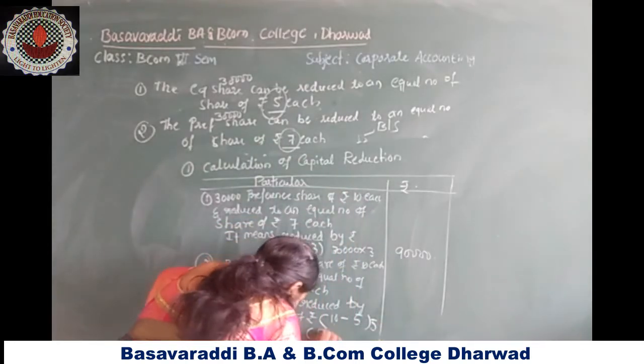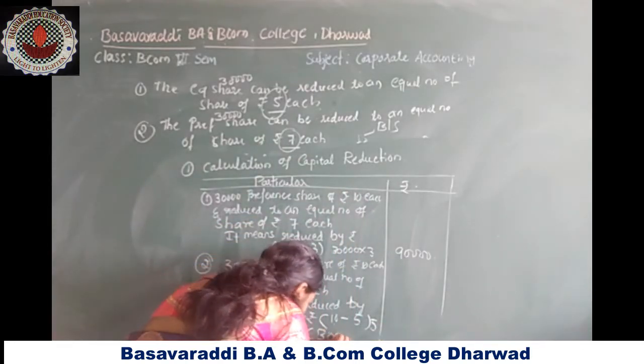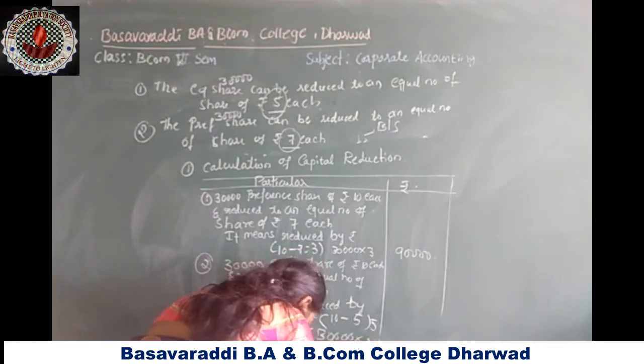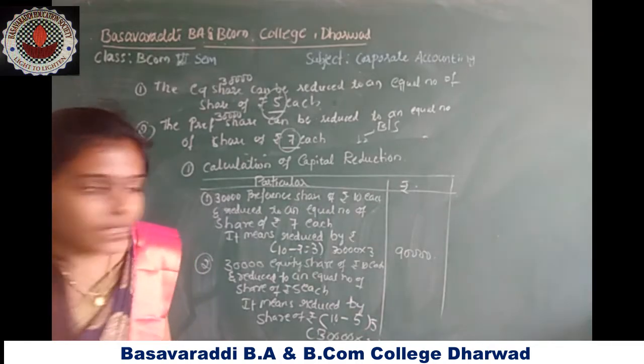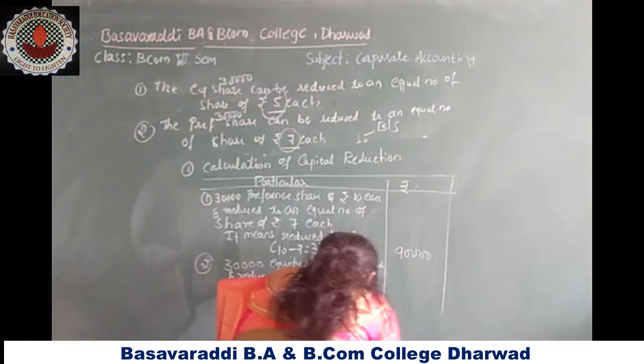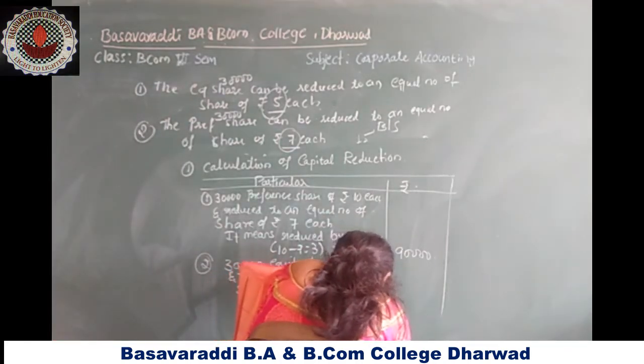Next, 30,000 into 5 is equal to 1,50,000.